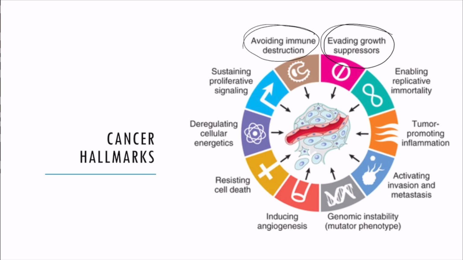It has the ability to replicate forever. And this is a very unique thing. That's what I mean by replicative immortality. Our normal non-cancerous cells don't have this. With every single replication, at the end of our DNA, we have telomeres, and the telomere gets shorter with every replication.